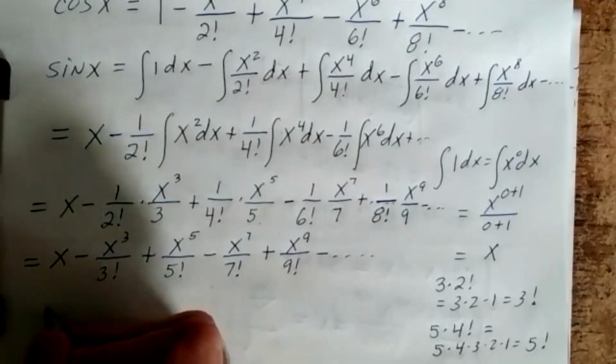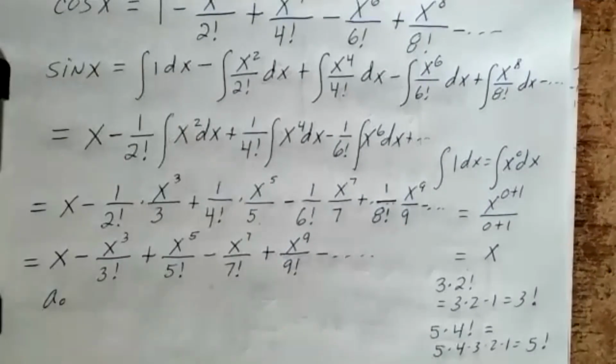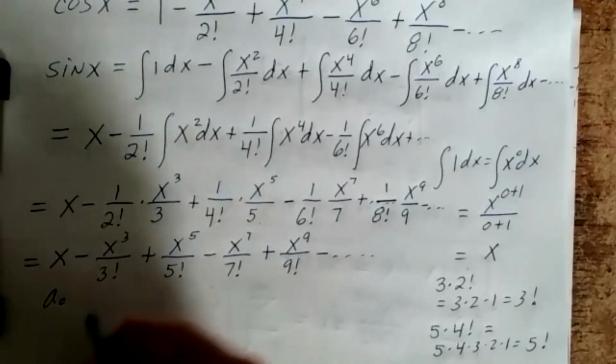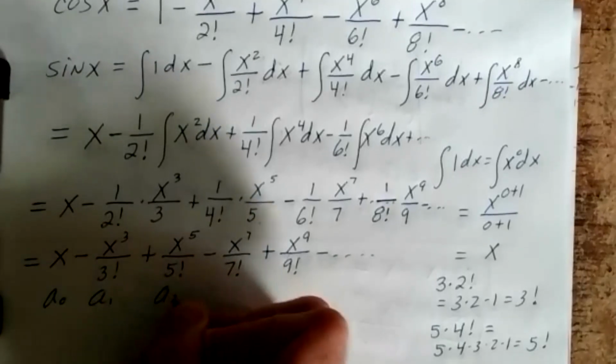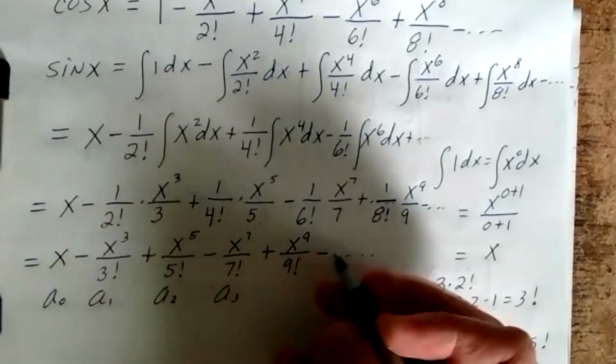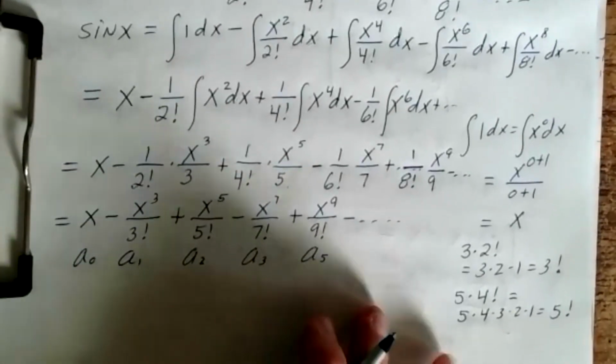So therefore, if this is our first term here, this is our second term, third term, fourth term, fifth term. Let's try to write the power series for sine of x.